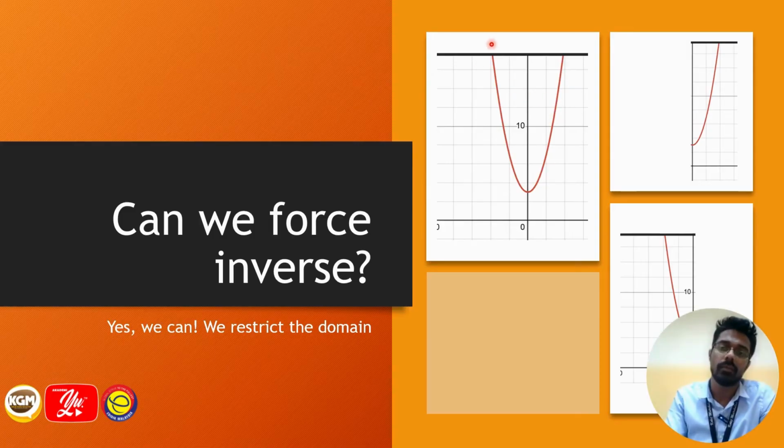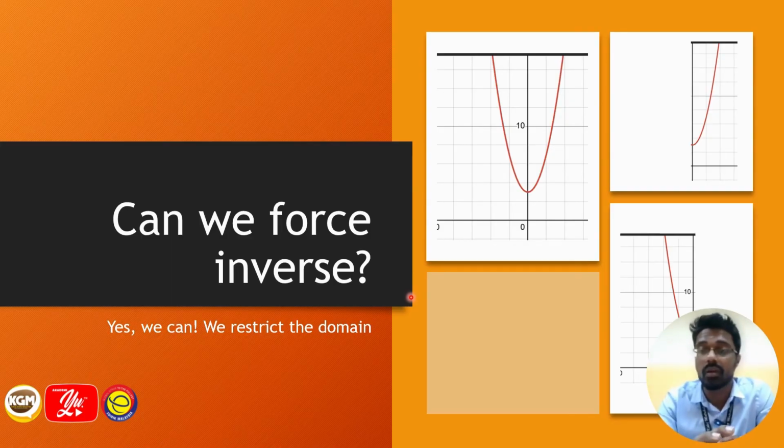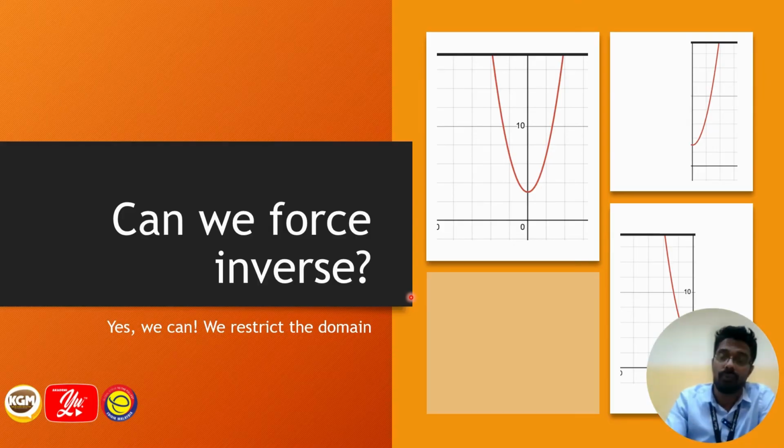Similarly, if I take just this part of the graph, I'm going to cut just once, so that is a one-to-one property as well. So even if at the start of the question you see it's not a one-to-one relation, we can force the existence of the inverse by restricting the domain.